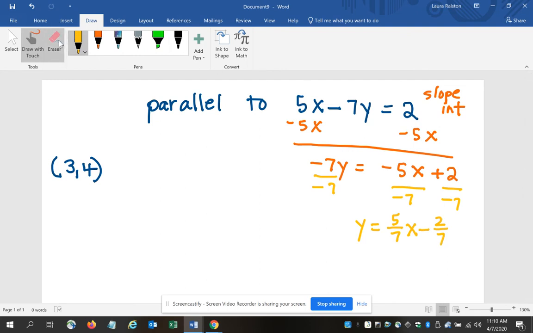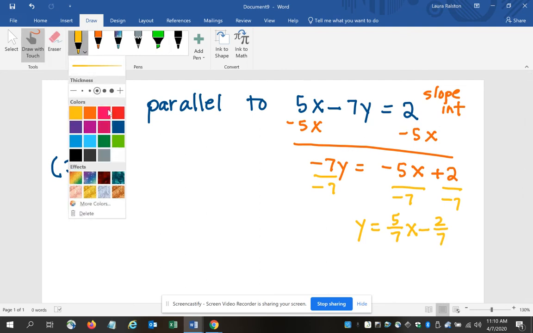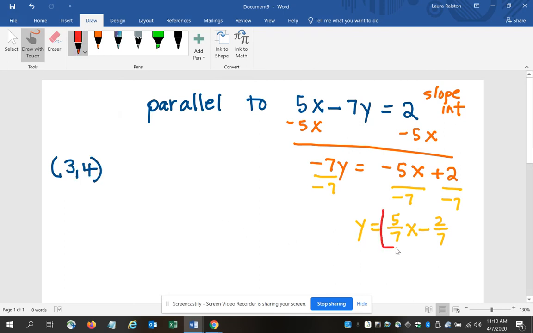Once you have it in slope-intercept form, remember your slope is the number in front of the x. So the slope of the given line is 5/7. And we remember that parallel lines have the same slope. So the slope of the line that I need to create should also be 5/7.